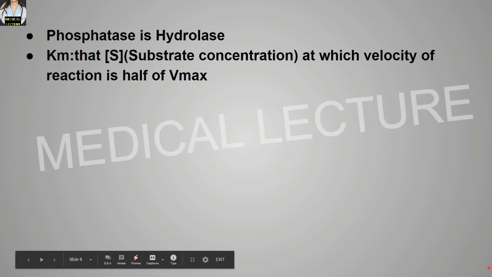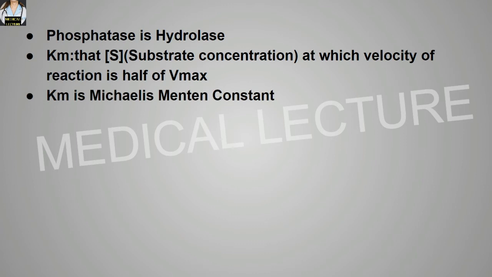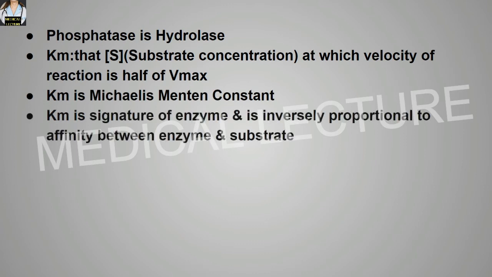Now, what is Km? Km is the substrate concentration at which the velocity of the reaction is half of the Vmax. Km is the Michaelis-Menten constant. This Km is the signature of an enzyme and is inversely proportional to the affinity between the enzyme and the substrate.